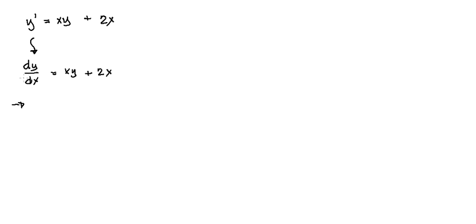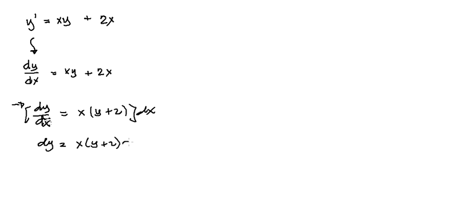As you can see here, we have dy over dx is equal to, we can now separate this x here because they both have x terms. So we have x times (y plus 2), right? Then we can also multiply both sides by dx, so we have dy is equal to x(y plus 2) dx.